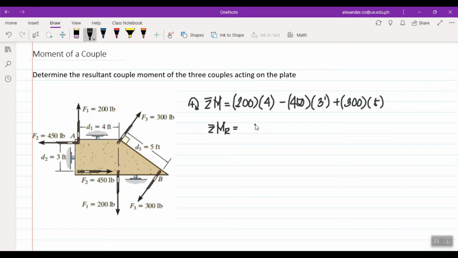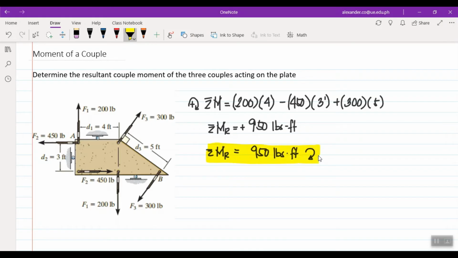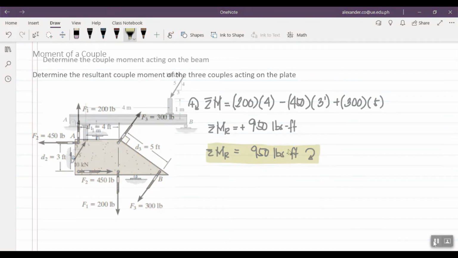So it's 800 minus 1350 plus 1500, which gives 950. The unit is pounds-feet. So the final answer is 950 pounds-feet, and the rotation is clockwise. So this is our final answer. Okay, problem number 2 next.